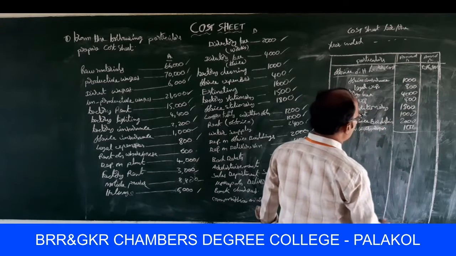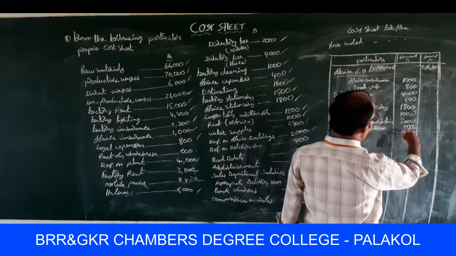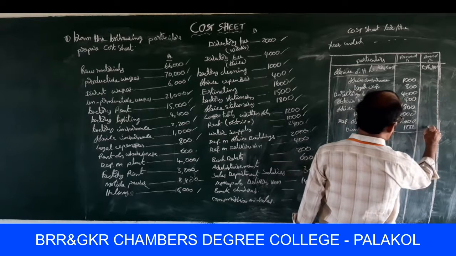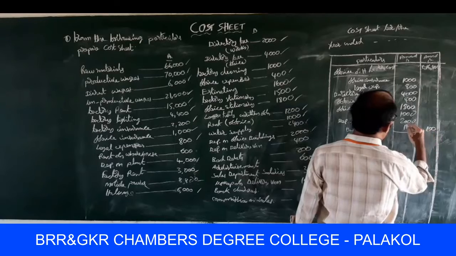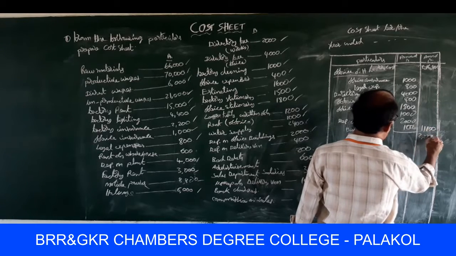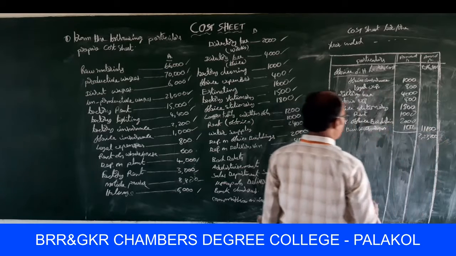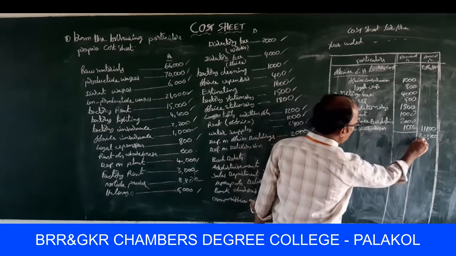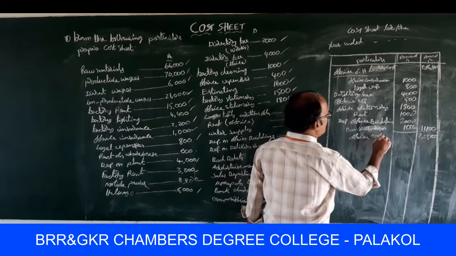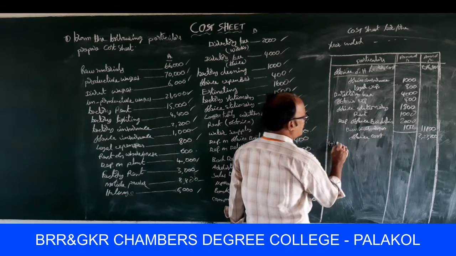Adding the office overheads, the total is 2,27,200. This is to be treated as office cost.